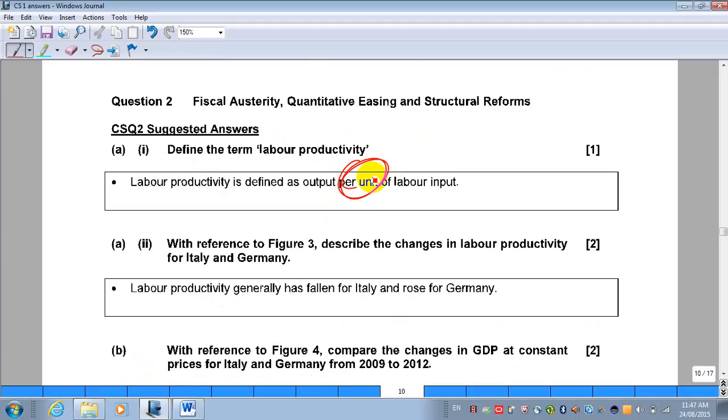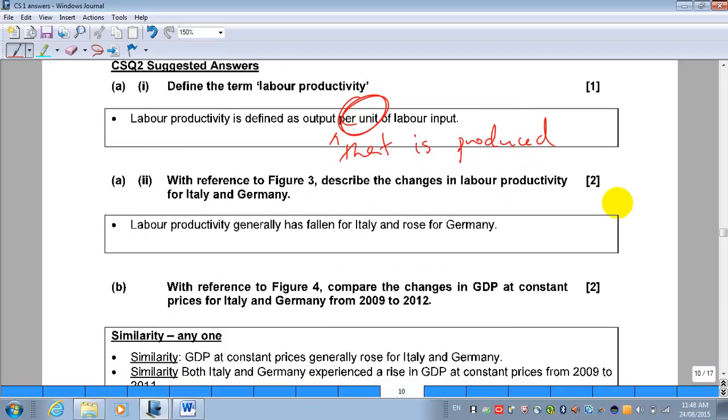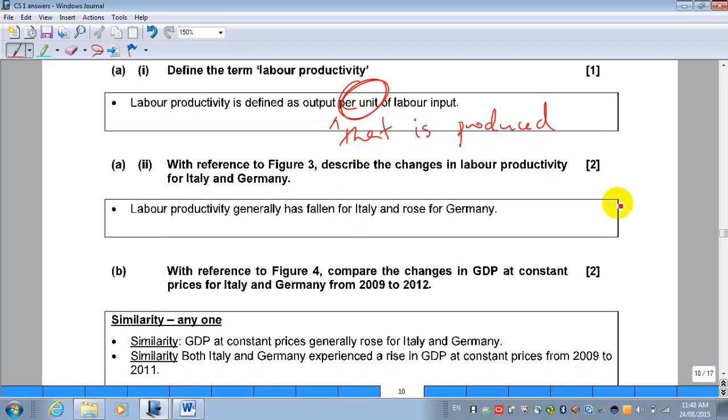It is defined as the output that is produced per unit of labour input. Labour productivity is defined as the amount of output that each unit of labour can produce.